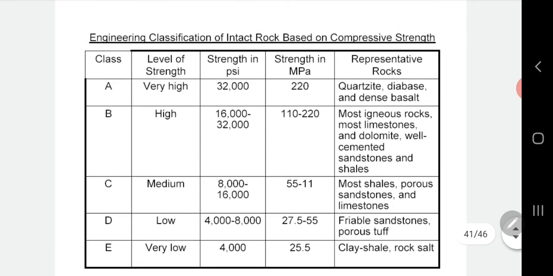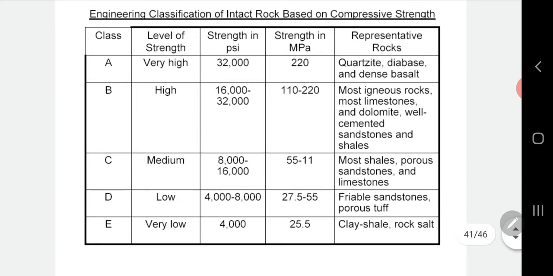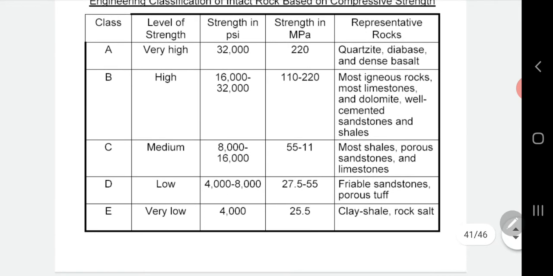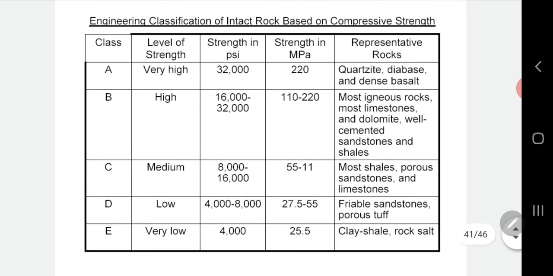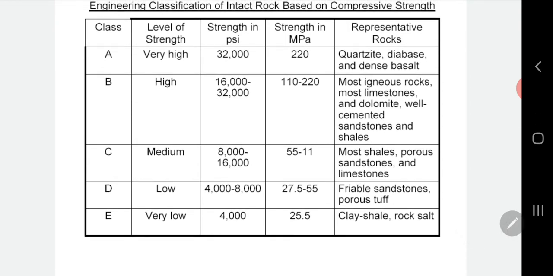And if you get a strength lower than 25.5, this is class E rock. The table also gives representative rocks. Class A is quartzite, diabase, and dense basalt. For class E, you have clay, shale, and rock salts.